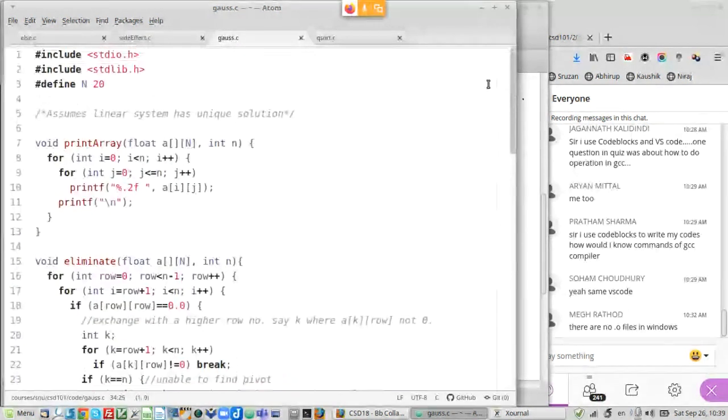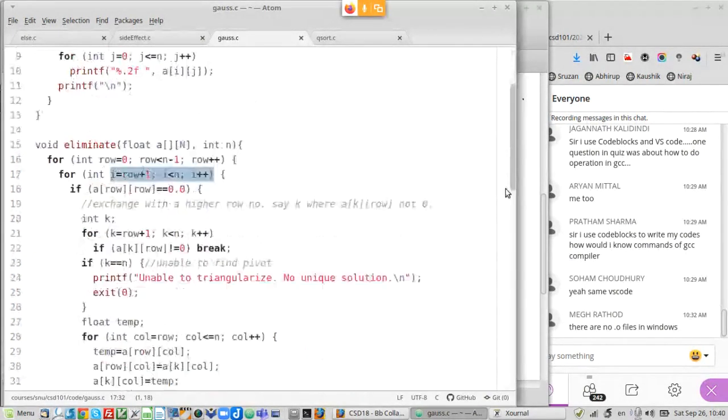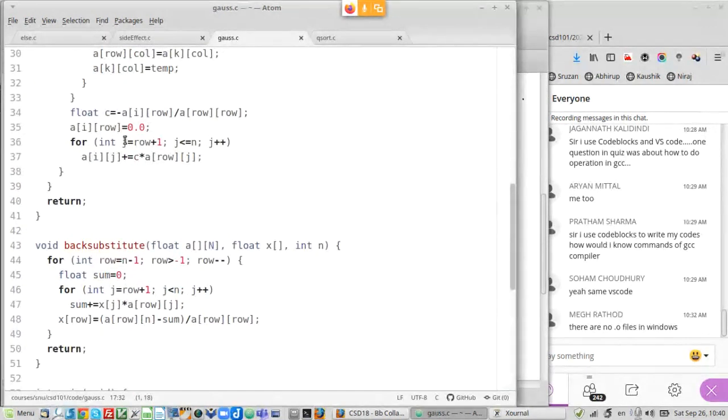So that's what I was telling you here. Maybe I should give better names here. So this row is the pivot row, and I stands for the elimination row. And that's all you're doing. So you're just eliminating, right?